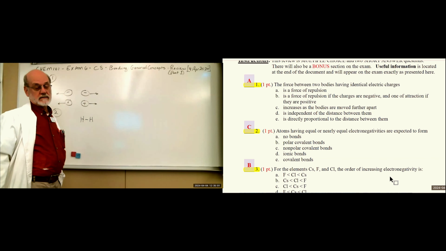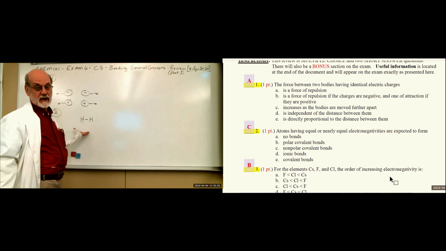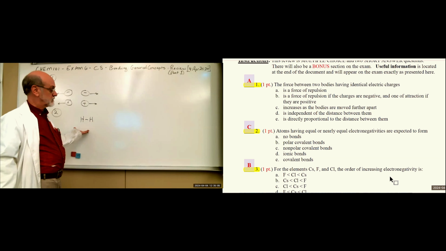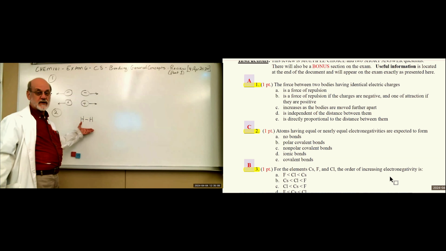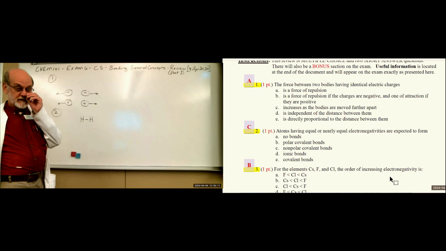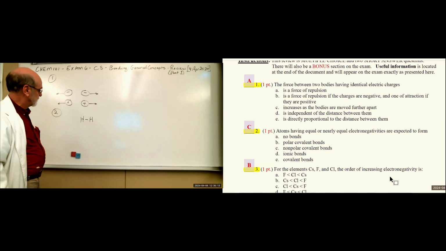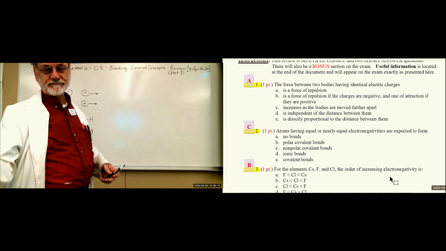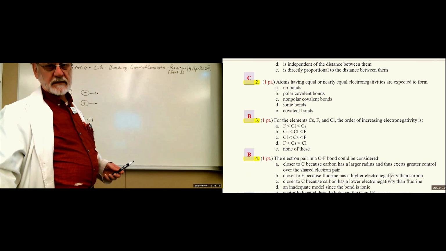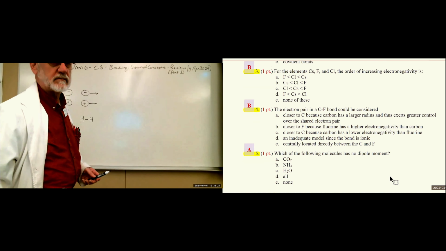Not no bonds, I mean, we've got an example right here of bonds. It's not polar. If they're exactly the same electronegativities, then it has to be a nonpolar covalent bond. That would be C. That's almost a definition.